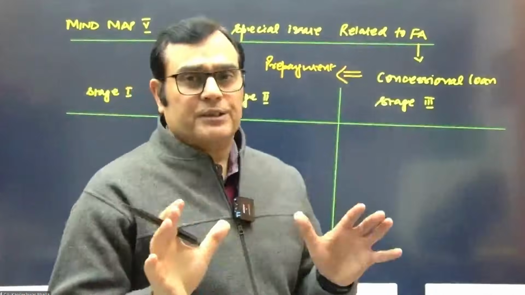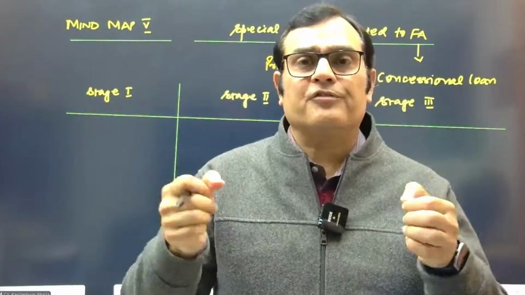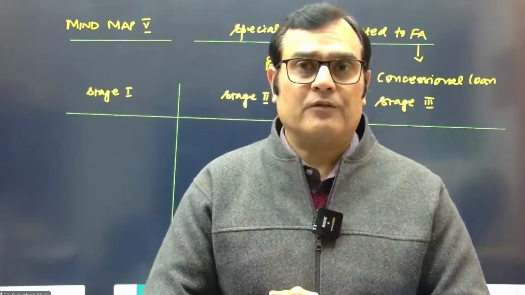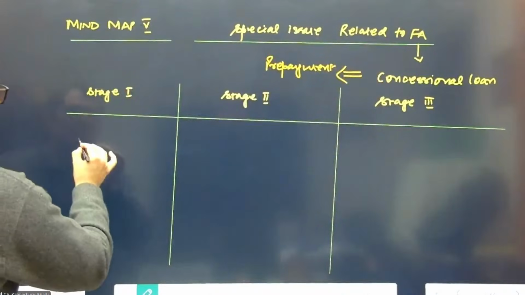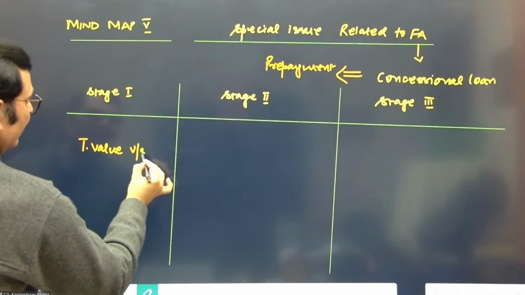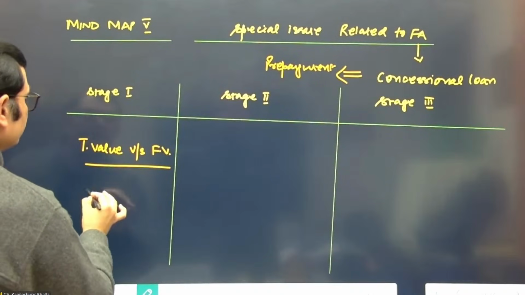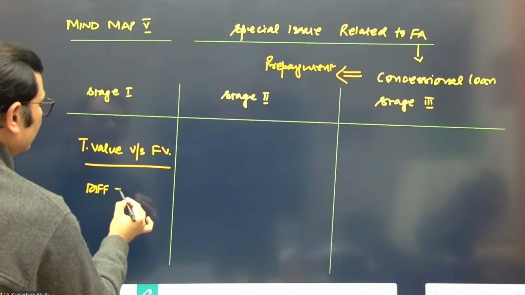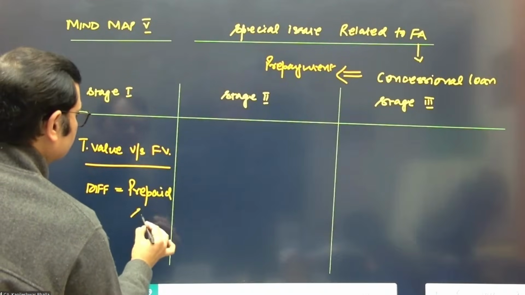Stage 1 is that you're going to first of all compare the transaction value and the fair value, and get the prepaid staff cost, the usual accounting which you do. So you will compare the transaction value versus the fair value, and you are going to get the difference, and the difference is going to be attributed as a prepaid staff cost.